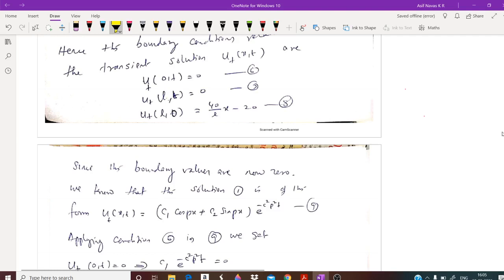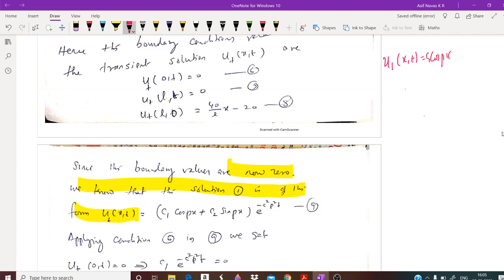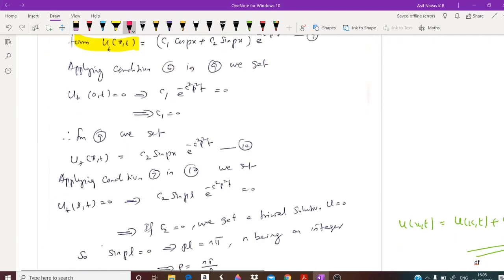Since the boundaries are now 0, and we know the solution of a heat equation is of the form u_1 of x,t equal to (c1 cos px plus c2 sin px) into e raised to minus c square p square t, we will apply the first condition. u_1 of 0,t is equal to 0.